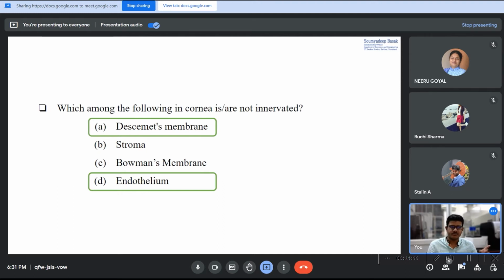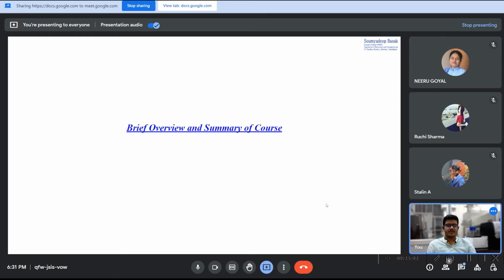So this is the membrane and endothelium. Okay. So do study those contents very attentively, as well as their cell types, their functions, and their layers.